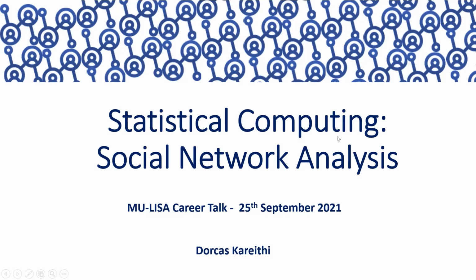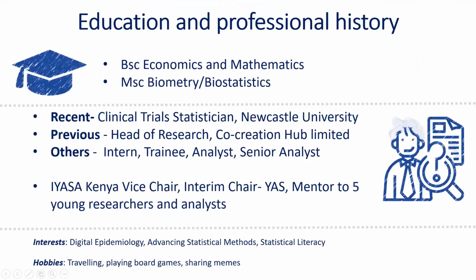I'll start by giving a brief introduction about myself. For my undergraduate, I studied economics and mathematics. For my master's, I did biostatistics at UON. I've just started as a clinical trials statistician at Newcastle University.